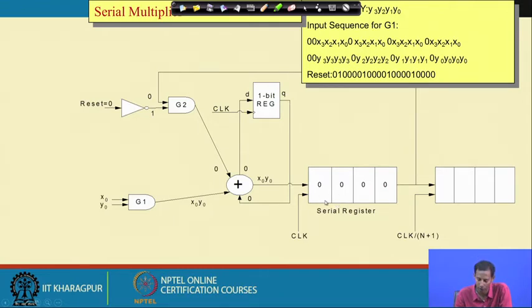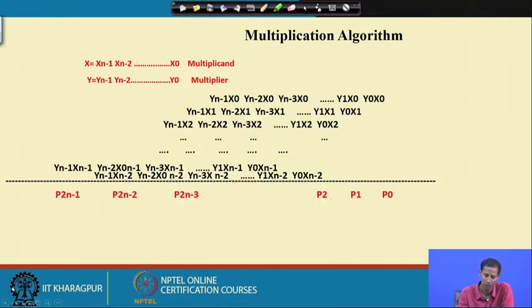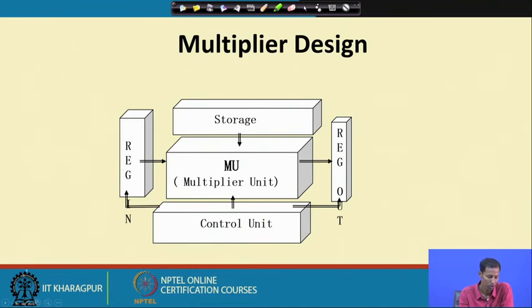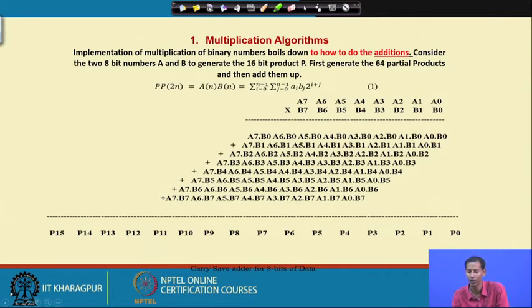So what is happening? If I go back to the previous slide, initially I have to take A0 B0, which will come as P0. Then next A1 B0 will be multiplied and added with A0 and B1.